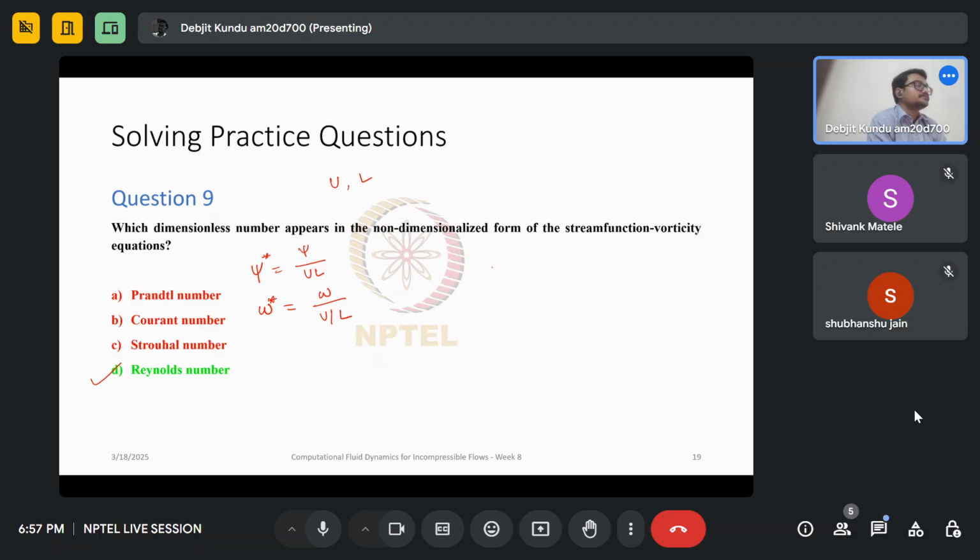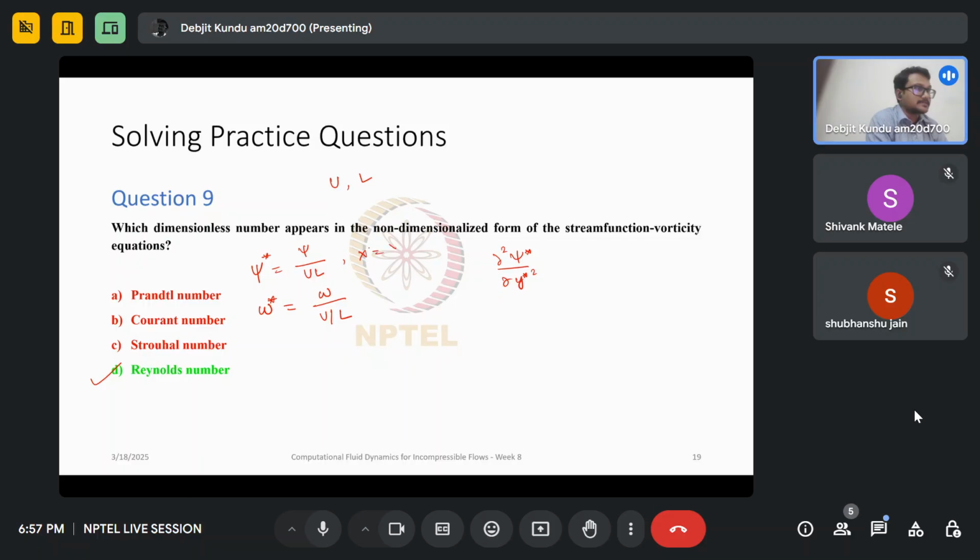So this equation remains intact. Okay, and these are also important.